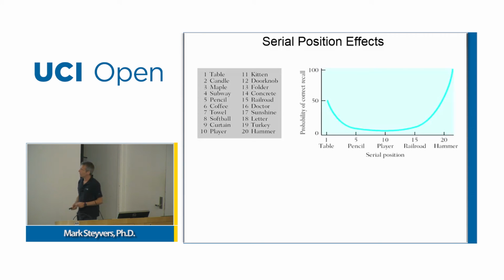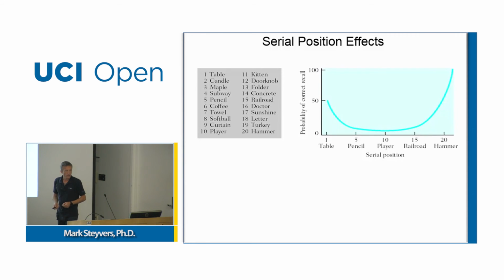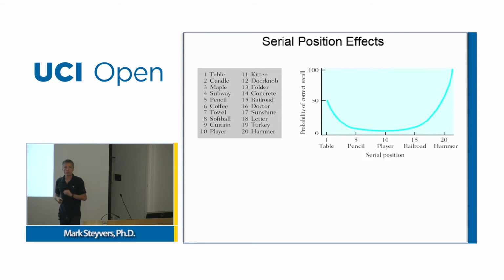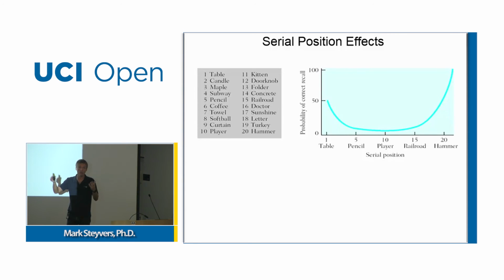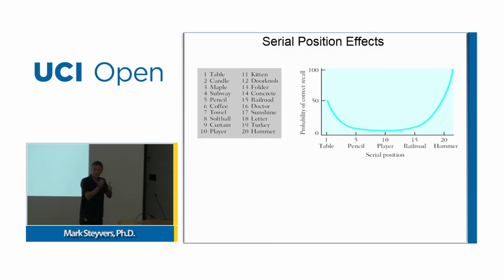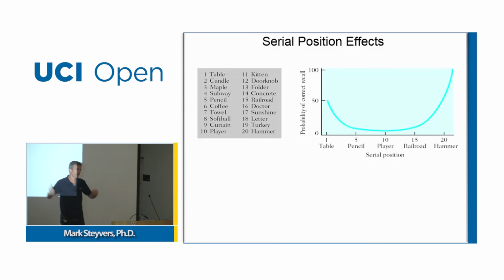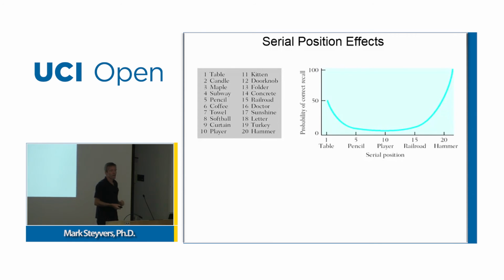If you test subjects in this experiment, and you give the instruction to freely recall words in any order they want, so it doesn't have to be the exact order, any order is fine. And now you plot the performance, the probability of correctly recalling, as a function of serial position, you get this finding.